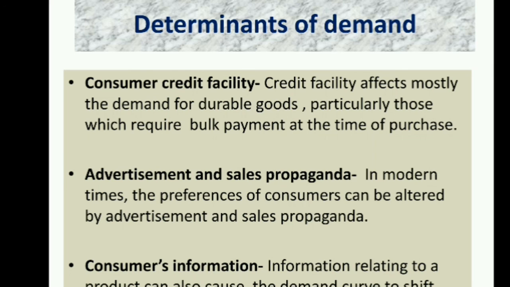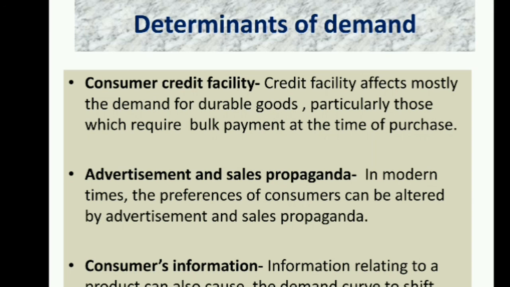That is why a consumer who can borrow more consumes more than those who can borrow less. Credit facility affects mostly the demand for durable goods, particularly those which require bulk payment at the time of purchase.